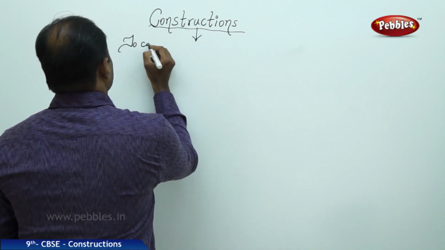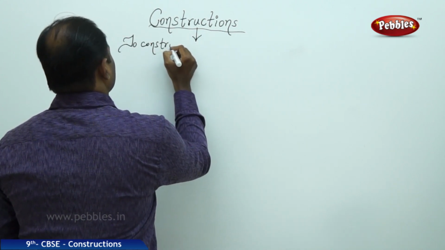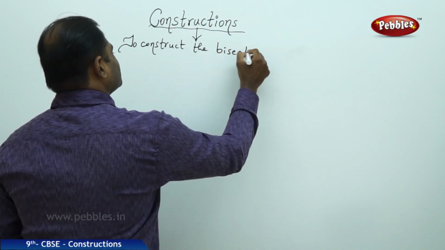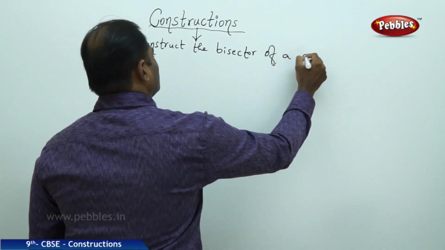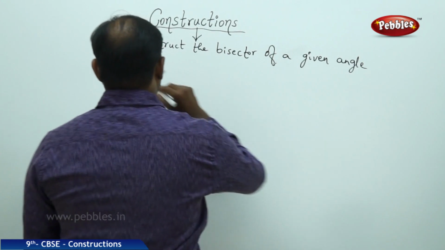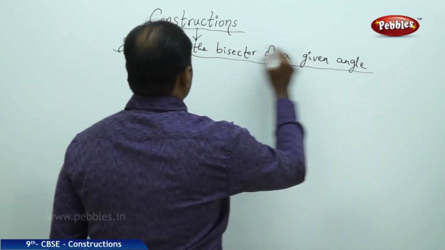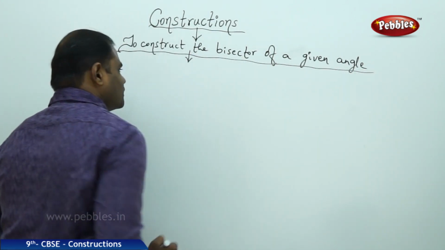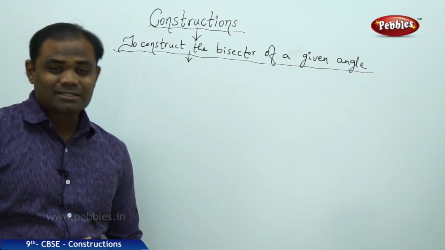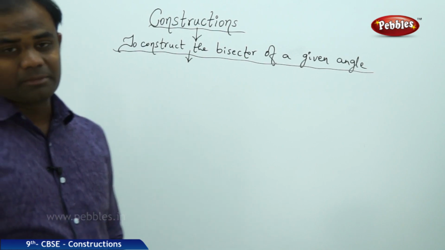To construct the bisector of a given angle, let's see how a bisector can be divided.